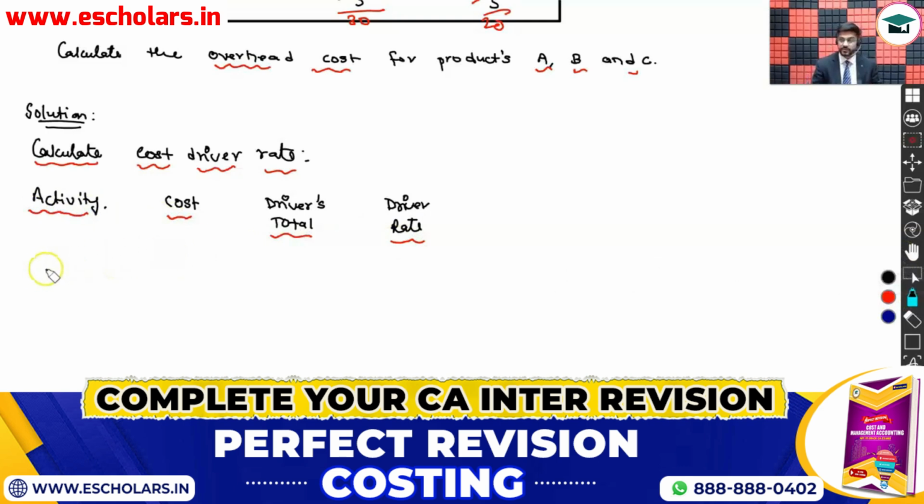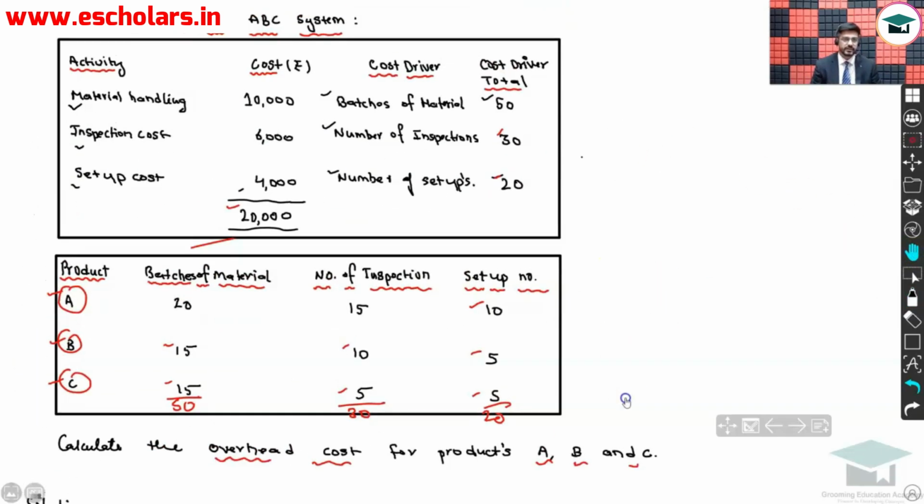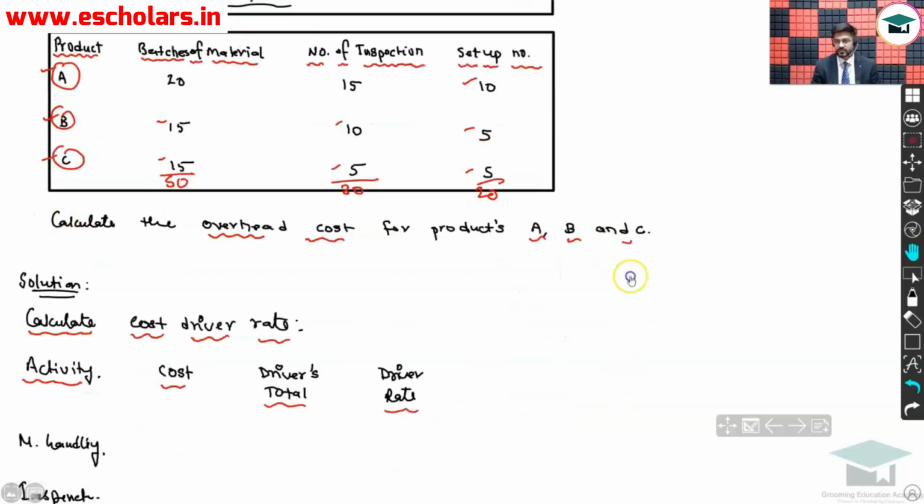So the first activity is material handling activity. Do not write short forms, write the full forms only. Second activity was the inspection cost, and third was setup. Correct? Yes sir. Now let's see what was the cost of these activities. It was 10,000, 6,000 and 4,000.